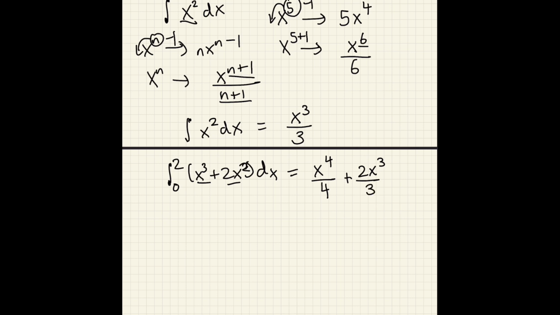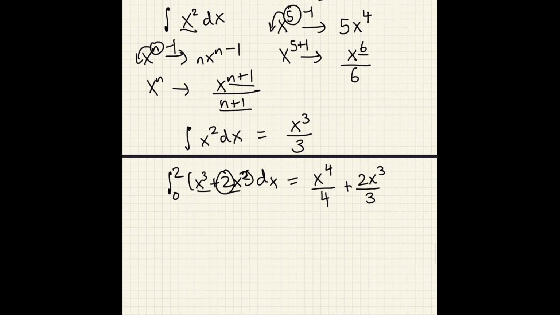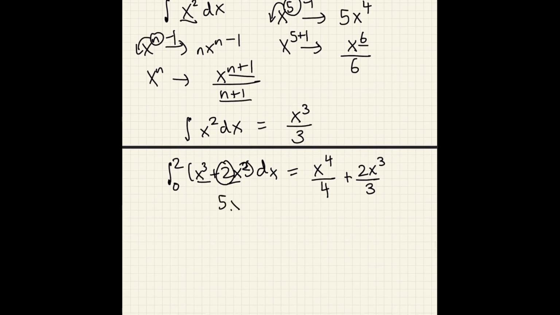And the reason I kept the 2 here and didn't change the 2 here is because, remember, in differentiation, if I have like 5x cubed and I differentiate it, I still keep the 5, but I'm still multiplying by the rest. I don't just get rid of the 5. And same thing here, you don't just get rid of the 2, you keep the 2. You keep the 2 here, it's still here. But now it's become 2 over 3. Okay? So the coefficients don't just disappear.